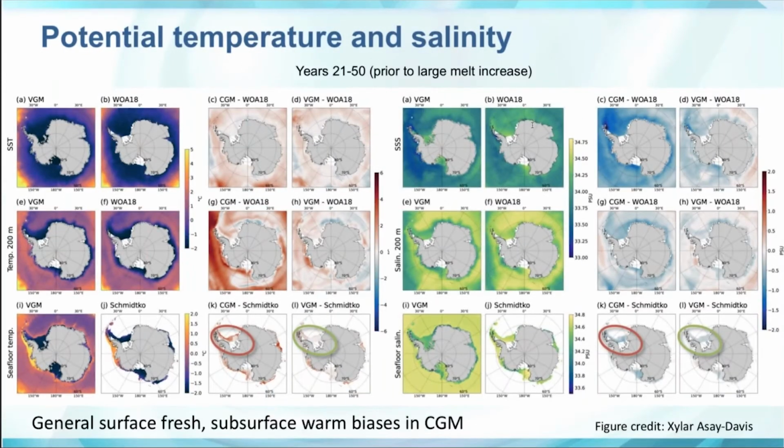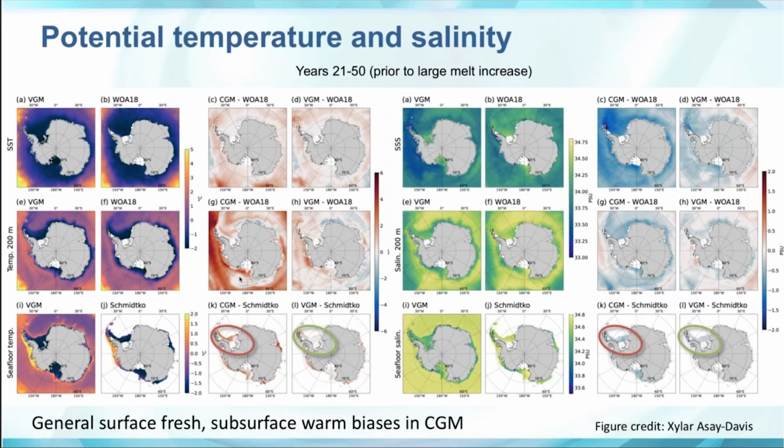There's a lot of panels on this slide, but I just want to point out a few points of how the VGM simulation was able to reduce some of the temperature and salinity biases that are key to avoiding this tipping point behavior.